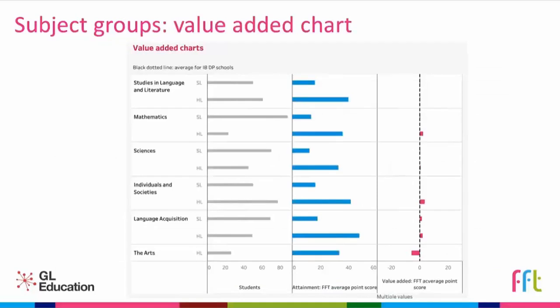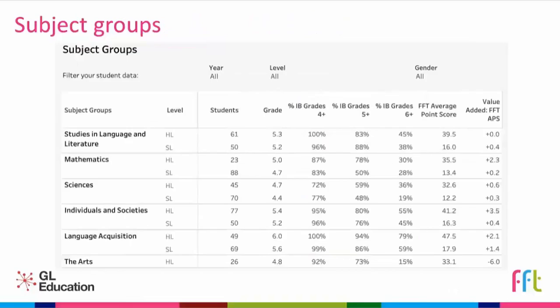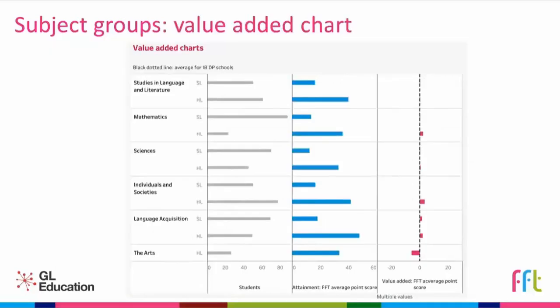We provide that same information in a chart, so you can see it either as a table or as a chart, and for many people the visual analysis is very helpful to see subjects with higher or lower attainment. So for example, in language acquisition, we can see that attainment is much higher at higher level compared to standard level, and on the right hand side you've got the value added scores for each of those areas as well.